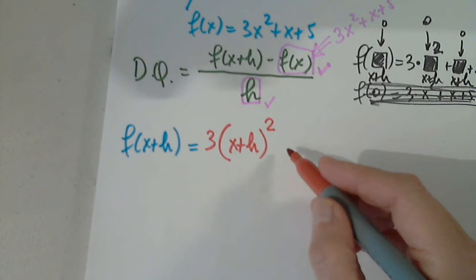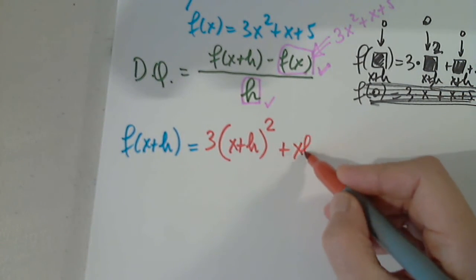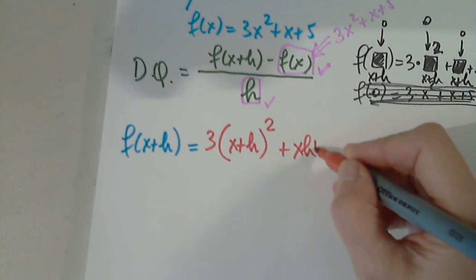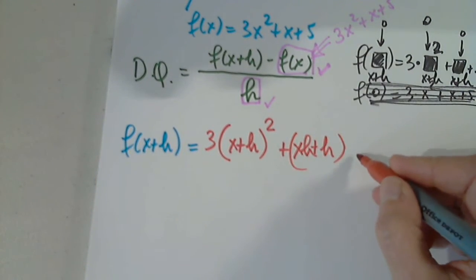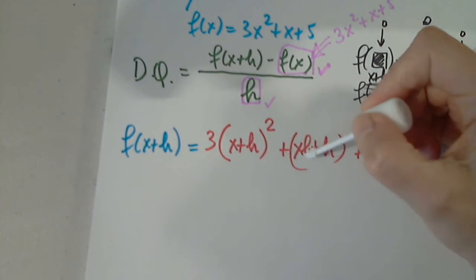Plus x plus h plus 5. I cannot plug in xh. This is not what I'm evaluating for. X plus h. I understand and I agree with that. And then plus 5. Good. Very good. Where is my whiteout? Good.